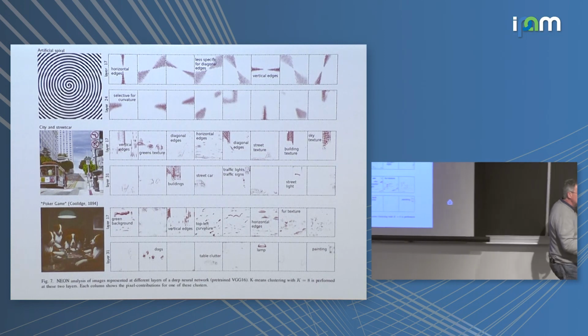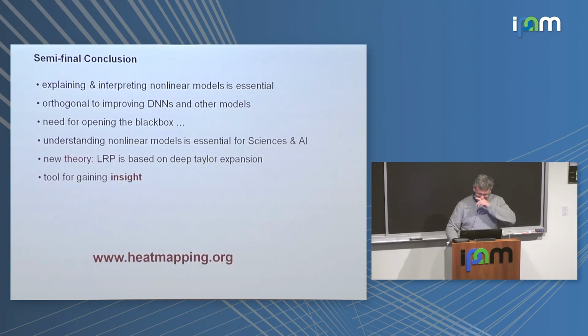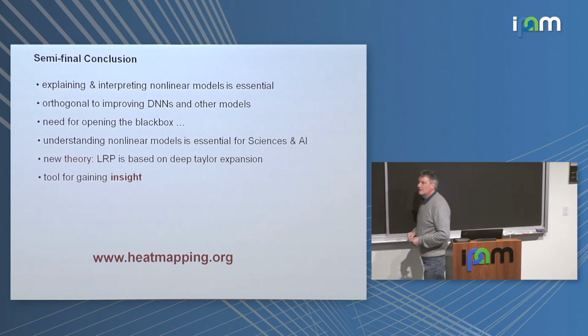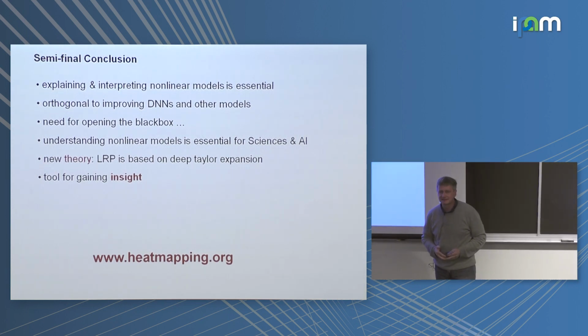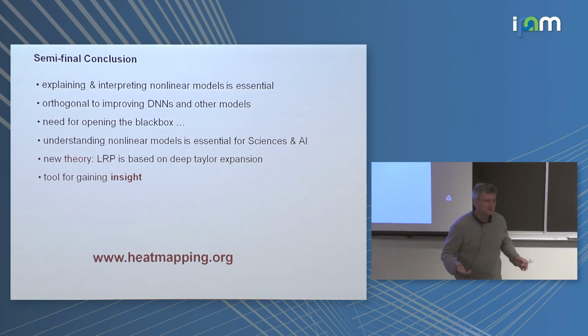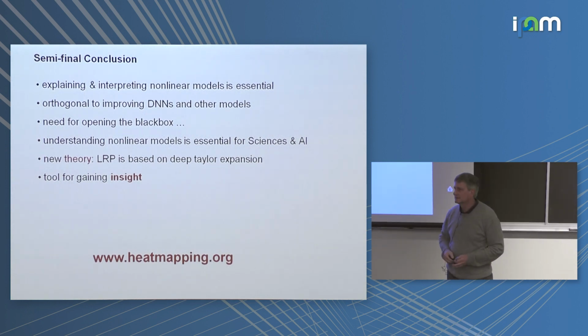So let me stop here and come to a conclusion. I was talking here about explaining and interpreting nonlinear models. We are using all these machine learning models nowadays in the sciences to gain some insights and have some predictions about quantum chemical properties and so on.